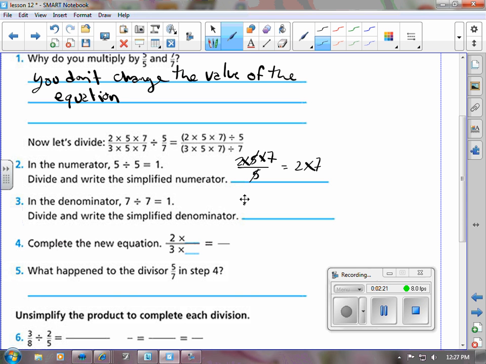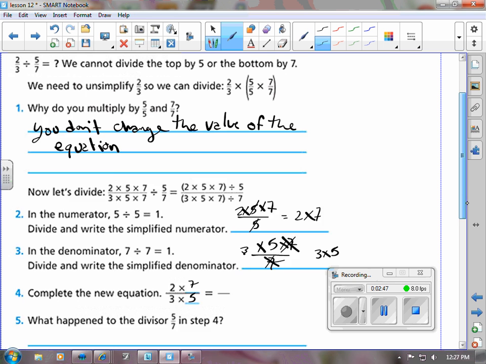Same in the denominator: 3 times 5 times 7/7, and the 7s would cross out. So the denominator is 3 times 5. And you'd end up completing the new equation with 7/5. So what you should notice is it's flip it. It's the flip it method.